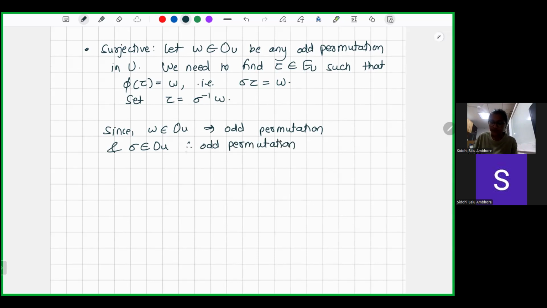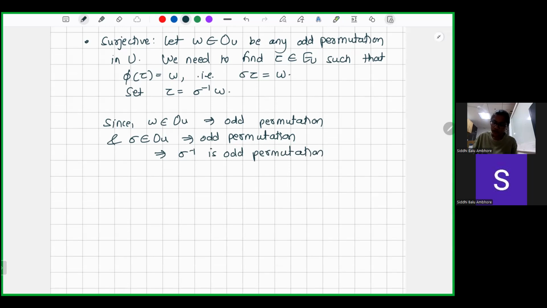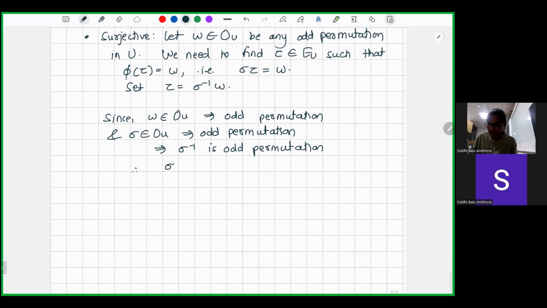And since sigma is an odd permutation, this implies that sigma inverse is an odd permutation. So this implies that sigma inverse omega is an even permutation, a product of two odd permutations.